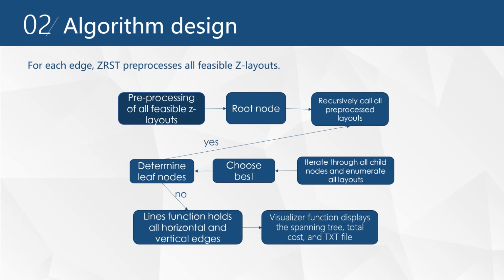After the tree has been built by the build tree function, it is called recursively for the root of the tree. For each node traveled, all its children are first traveled, and then all possible layouts are simulated for the current point.